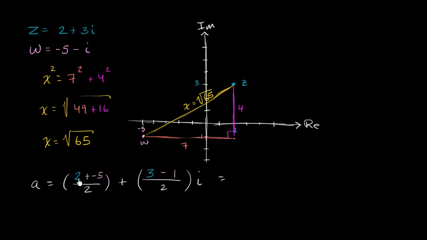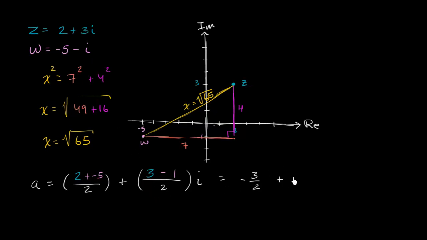And this is equal to, let's see, 2 plus negative 5 is negative 3. So this is negative 3 halves plus, 3 minus 1 is 2, divided by 2 is 1.